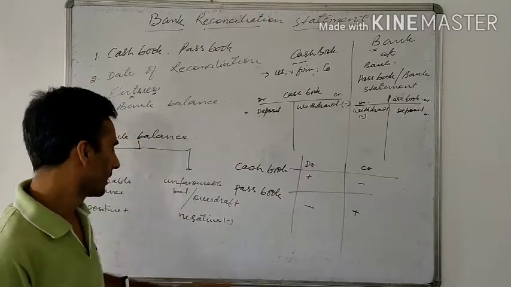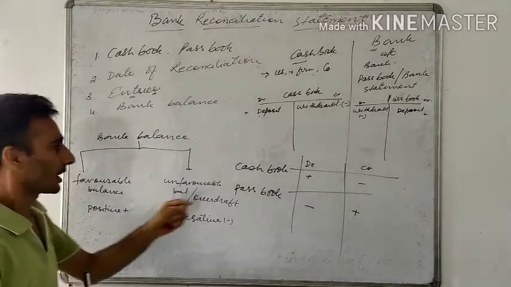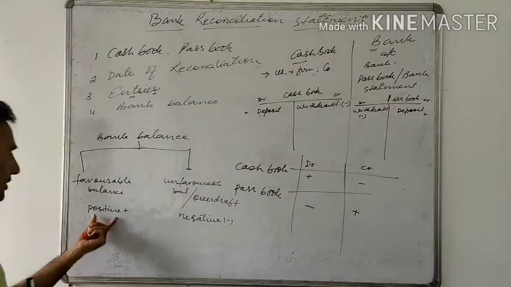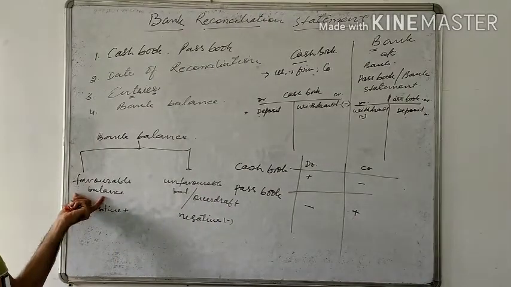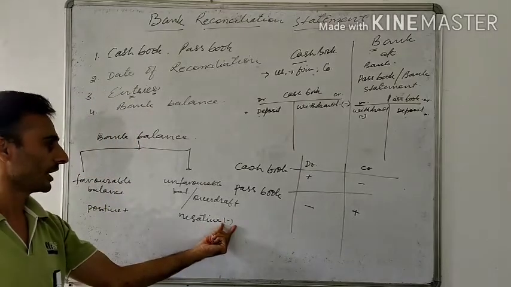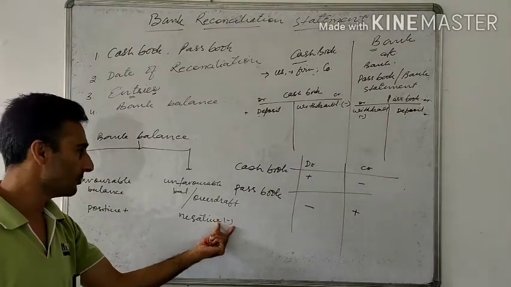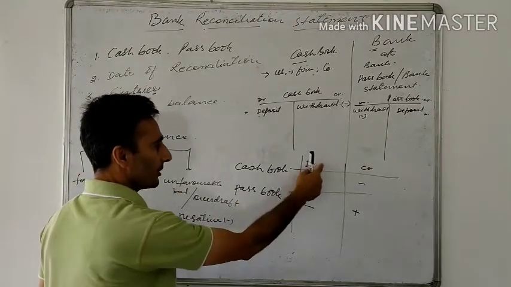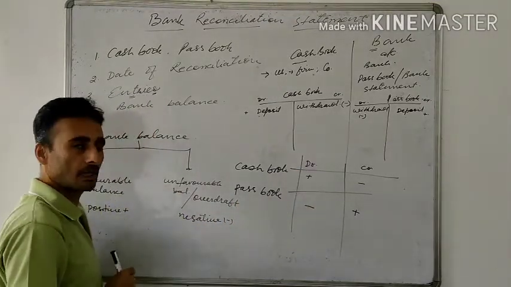See here, debit balance means plus, plus means favorable balance. Debit for the passbook means negative, and negative means unfavorable balance. That means if it is a passbook debit balance, it is an unfavorable balance.